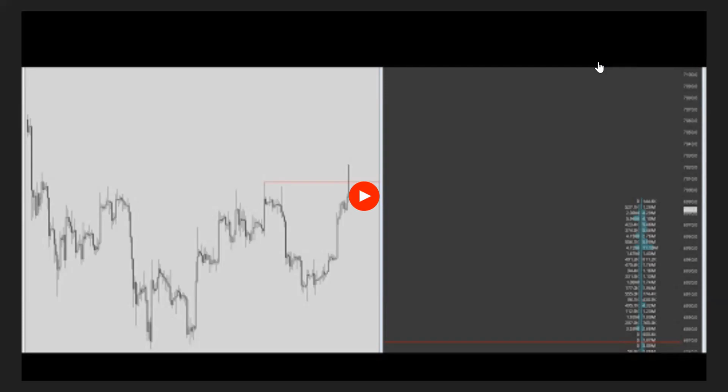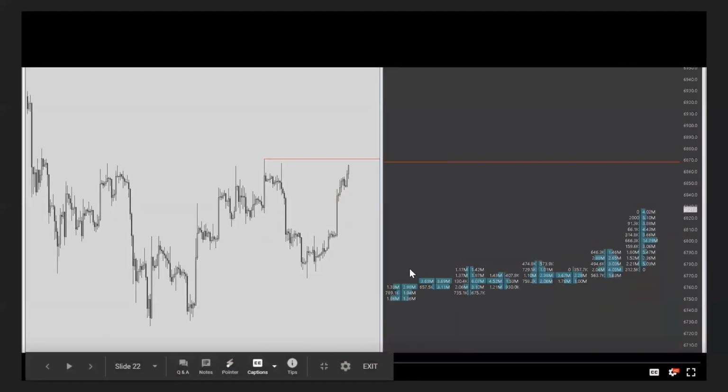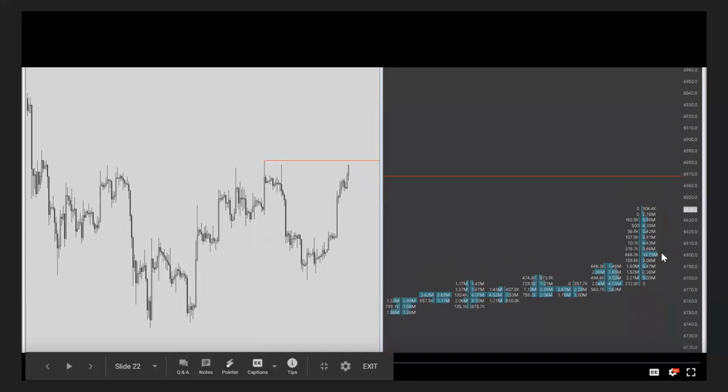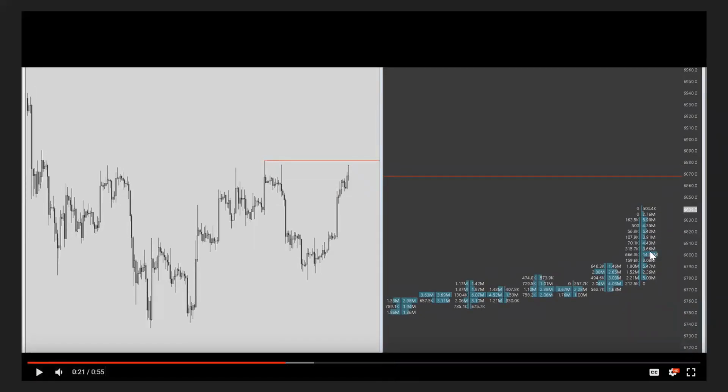Alex is asking, so you got in long at red or below, roughly? Here. Okay. So below the high, when you get this sudden increase in volume, aggressive buying.